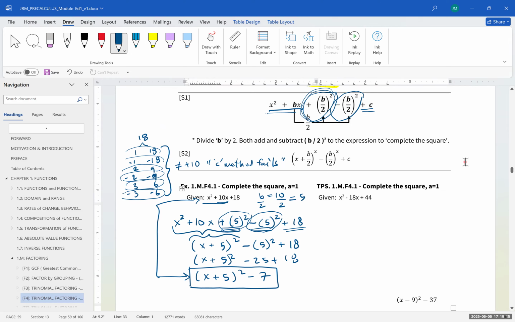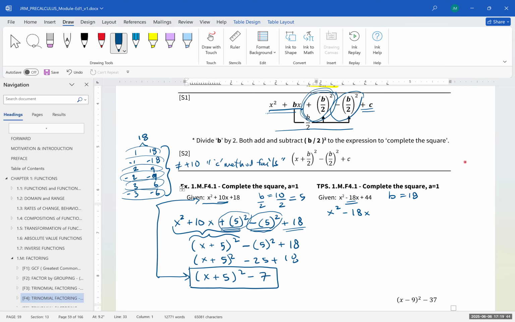All right, so the previous method is going to fail. So what we need to do is look at it in terms of this new method. We've got x squared minus 18x, so our value of b is negative 18.